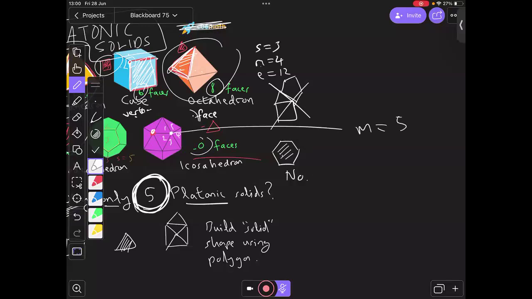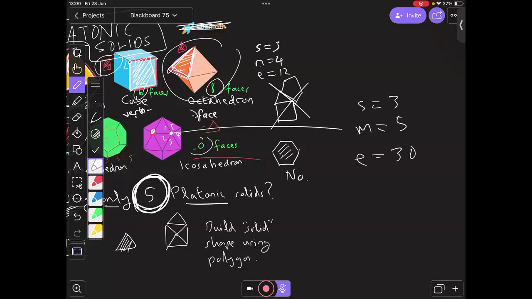Does that make sense? What's S in this case? 3. 3, because we're dealing with triangles, yeah? And you can go ahead and work out yourselves. You can count them if you like, that E in this particular case is 30. But you can see it yourselves in the formula.